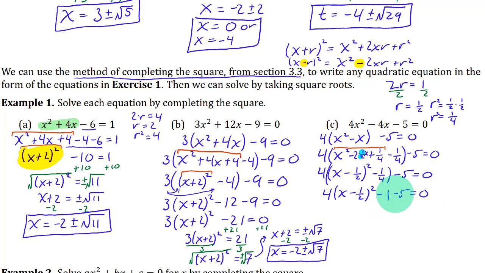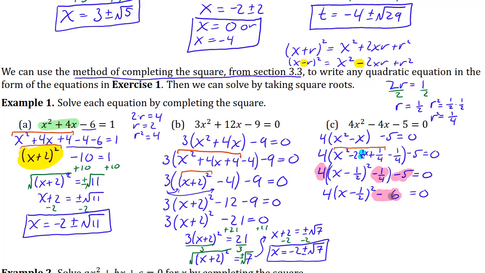And then negative 1 minus 5, I'm just going to save a step and write that as minus 6. So that minus 6 is from doing 4 times negative 1/4 and then that minus 5.